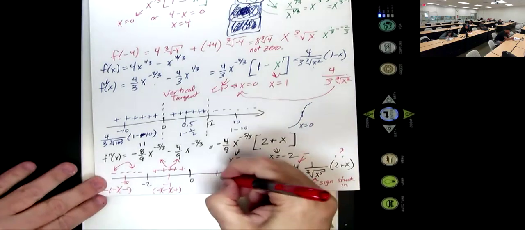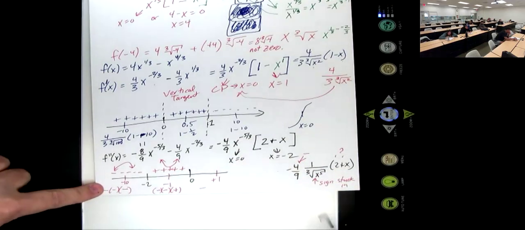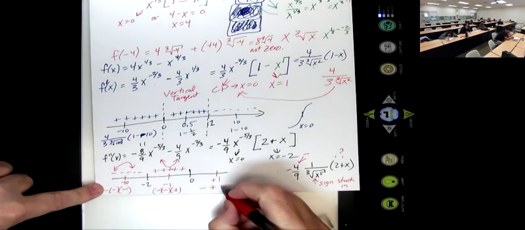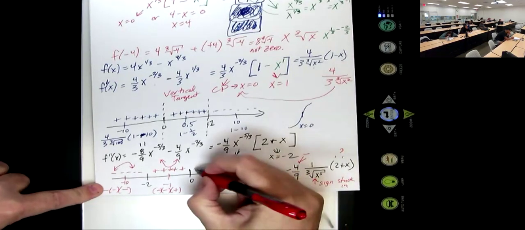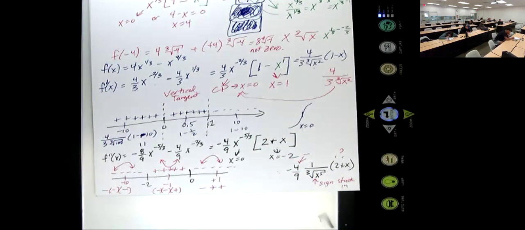And if I stick in a positive like 1, the -4/9 is always negative, the cube root is always positive, and 2 plus 1 is positive. This is a negative region, or concave down. And now we have everything we need to graph.